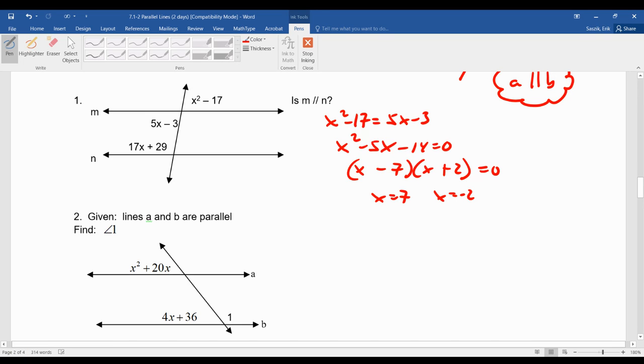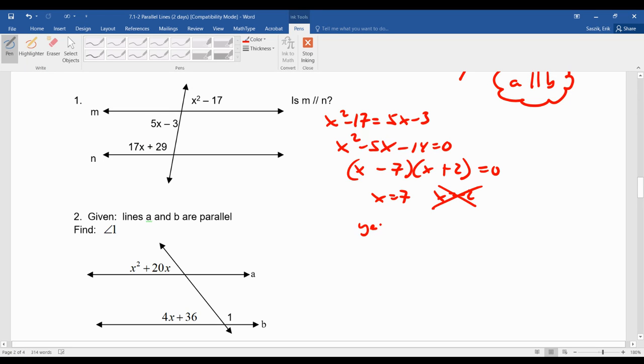And if you have x equals negative 2, that's going to make this angle come out to be negative. So that one doesn't make sense. We cross that off. But if we plug in 7, this ends up being 35 minus 3, which is 32. And then if you plug 7 in here, you're going to come up with 148 for this angle.